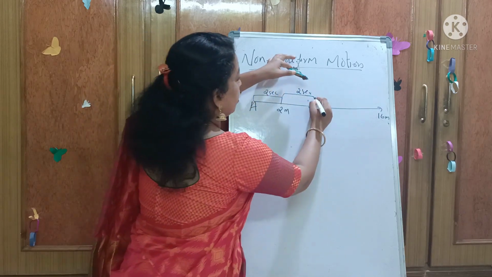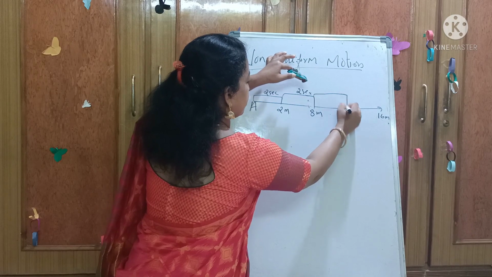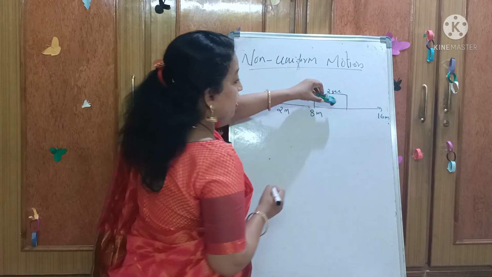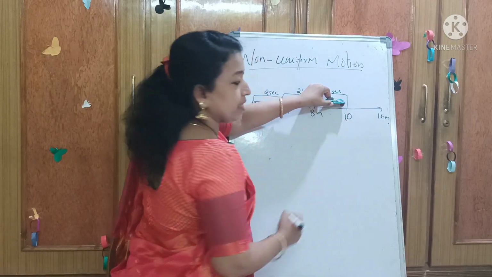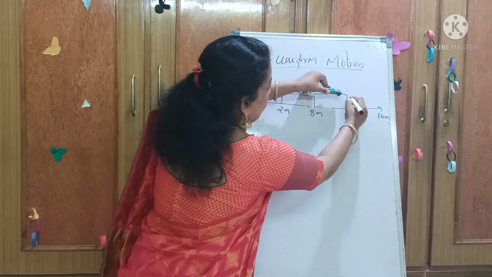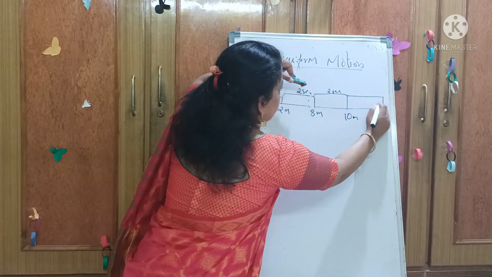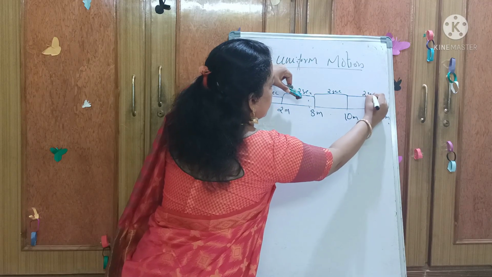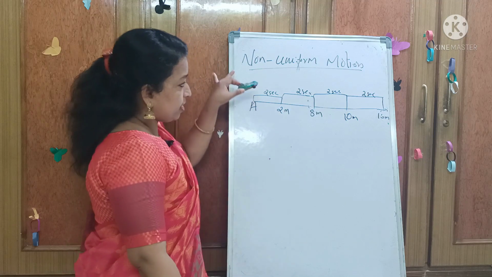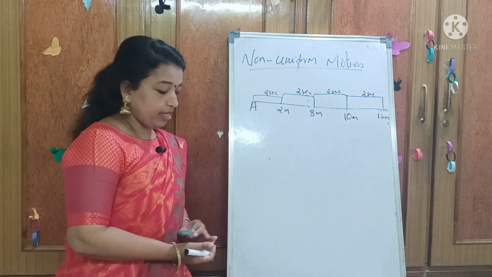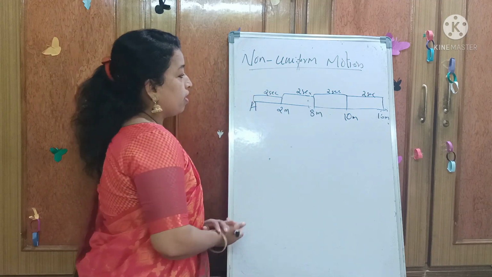Next 2 seconds, it covers a distance of 10 meter. Finally, the next 2 seconds, it covers a distance of 16 meter. So this is the movement of the car in each 2 seconds.